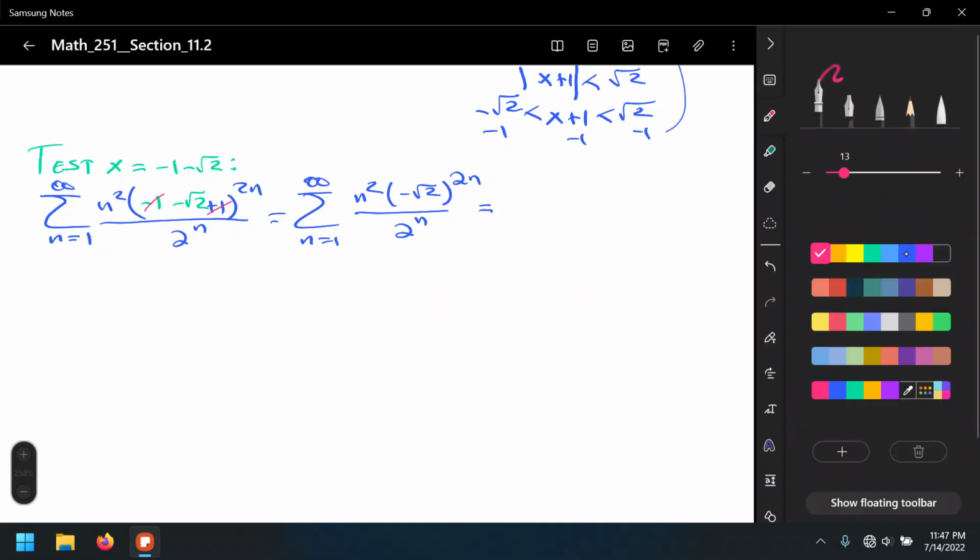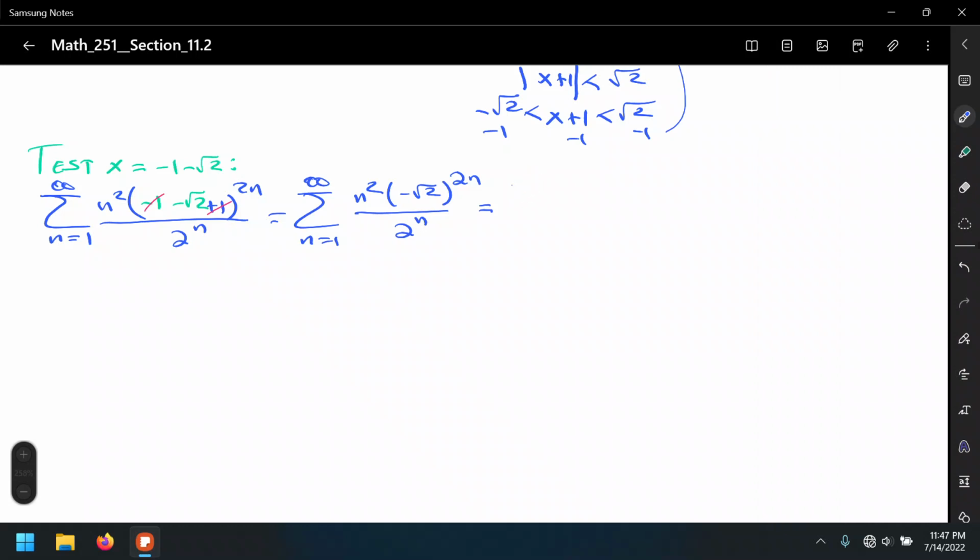So, this will be sigma n equals 1 to infinity n squared, and okay, that's a negative root of 2 squared to the n power, to the n power.